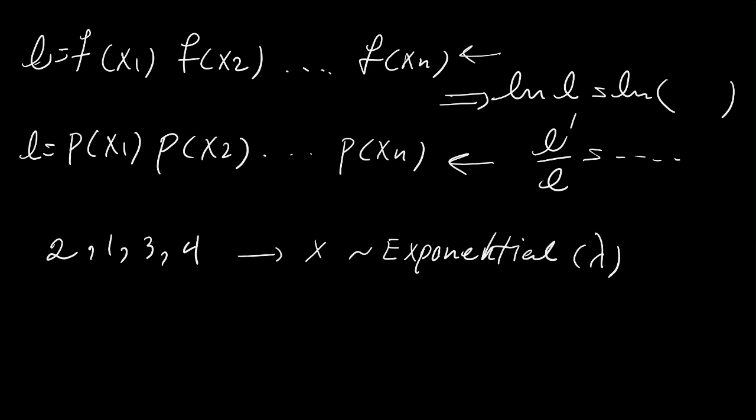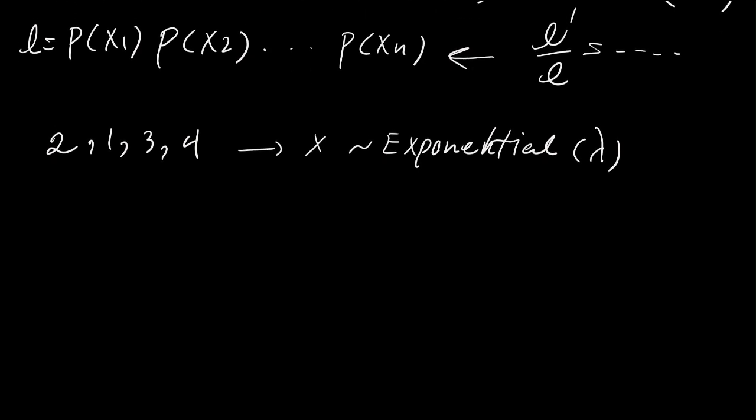We know that the exponential has the parameter lambda, so we are looking for lambda. We have x1, x2, x3, and x4, equal to 2, 1, 3, and 4, and we want to estimate lambda based on the maximum likelihood method.